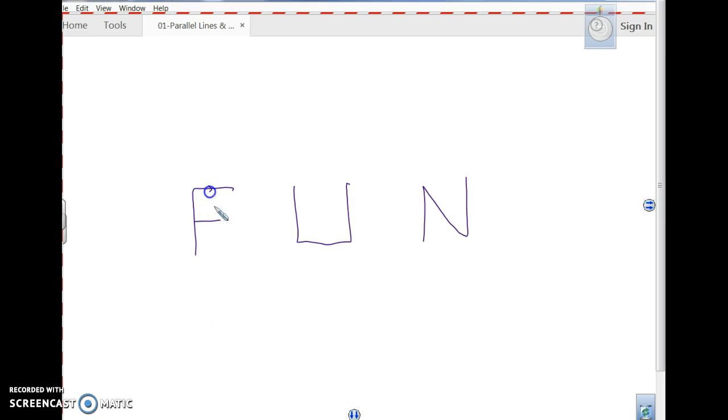Well, this line is parallel to this line on F. And then that gives me this angle and this angle. The angles are in the same place. What kind of angles are these? These are corresponding angles. Angles in the same place are corresponding. And if the lines are parallel, what do we know about corresponding angles? They are congruent. We already saw that in the Ed puzzle.